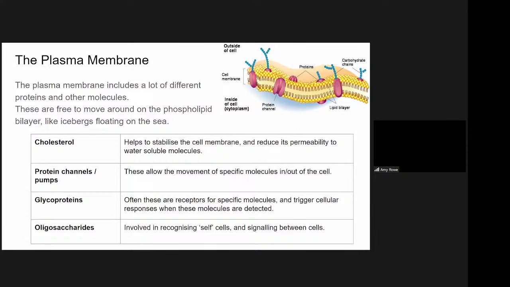The reason that we look at the plasma membrane is because it is very important to being able to explain the cellular process of cell transport, so both active and passive transport. So it's unlikely you're going to get a question about glycolipids with regards to cell transport.